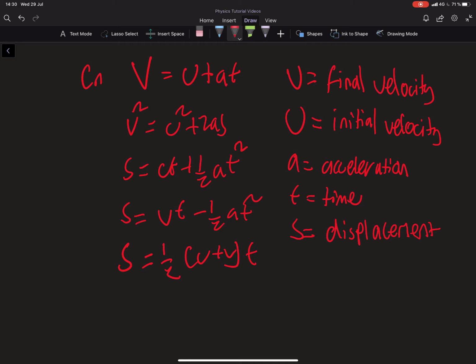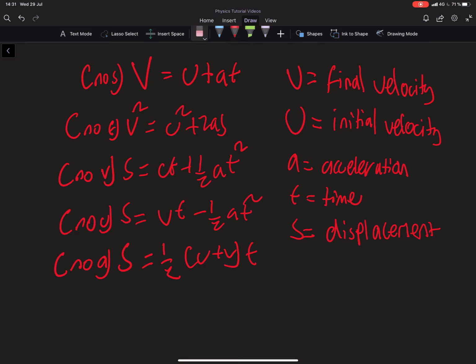No S. The second one does not include the variable T. The third one does not include the V. The fourth one does not include U. And the fifth one does not include A. So based on the information that you're given in each question, that's how you decide which of these to use.